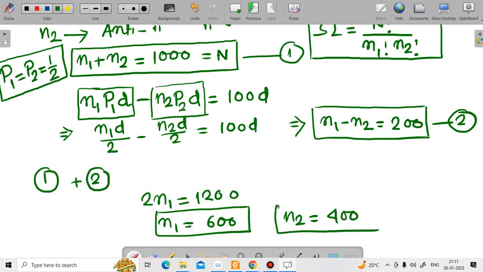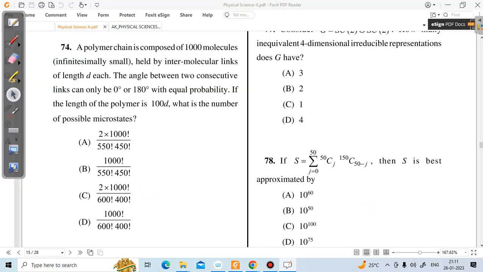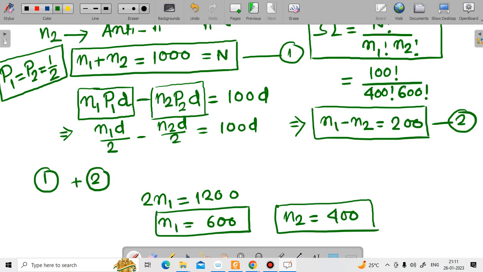So now you get the values of n1 and n2. Now you can easily find the number of microstates. The number of microstates will be 1000 factorial divided by 400 factorial 600 factorial. So it is definitely option D that is the right answer. So the correct option is option number D.